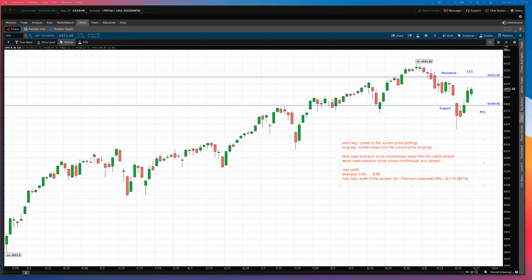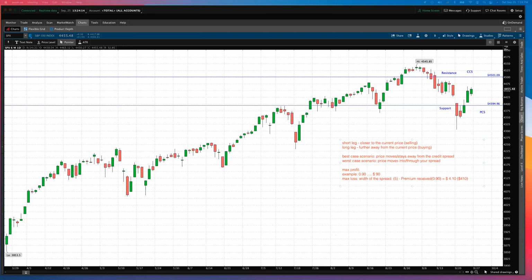Also, based on historical data, you can see where price is not going to go. This is a strategy of where price is not going to go. That's what credit spreads are all about. You have to identify clearly where price is not going to go. That is where you sell your credit spread, right? And we'll see that shortly.